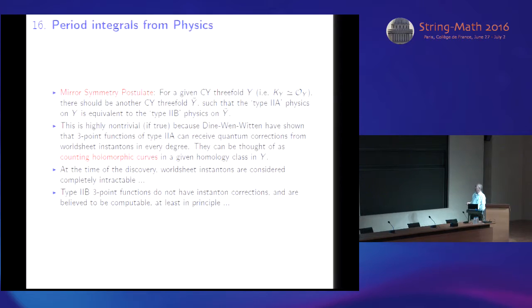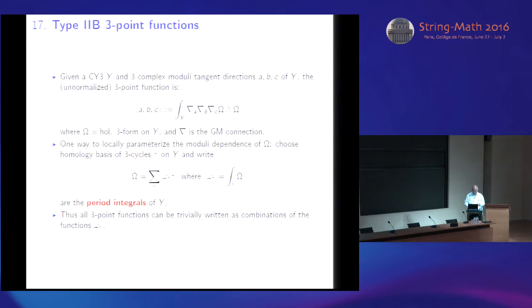And this can be thought of as counting holomorphic curves in a given homology class in Y. These are very interesting for mathematicians because we know how to calculate holomorphic curves of certain degree. And the 2B theory can be calculated using the period integral because it doesn't have instanton corrections, as is very well known now. This is a theory about 30 years ago.